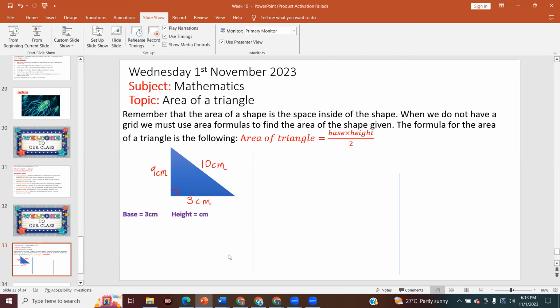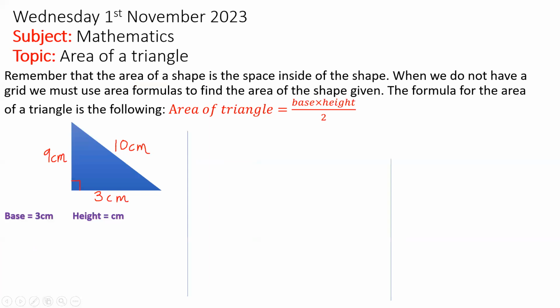Let's settle this. Inside the chart, put what you think the height is. If you think it's 9, put 9. If you think it's 10, put 10. If you think it's a combination of 9 and 10, which is 19, put it right in the chart. Put what you think the height of this triangle is. You already know the base is 3 centimeters, which is the bottom.